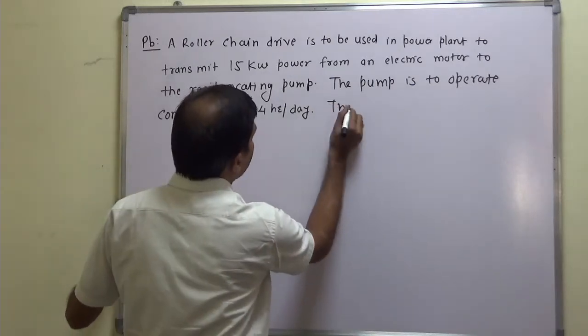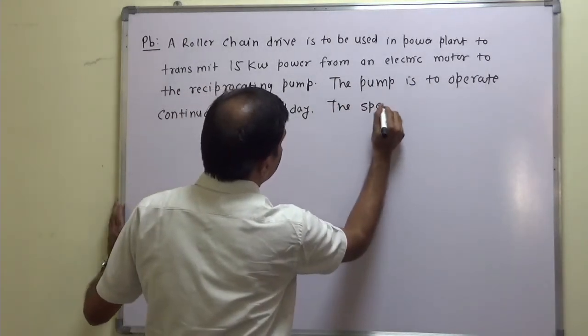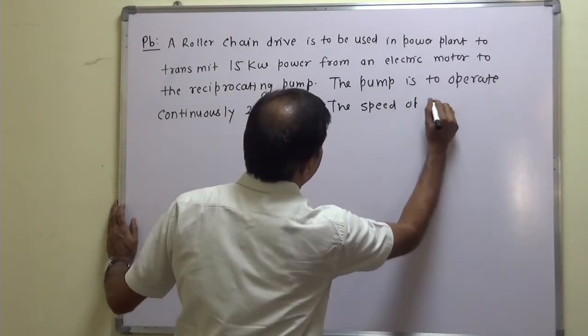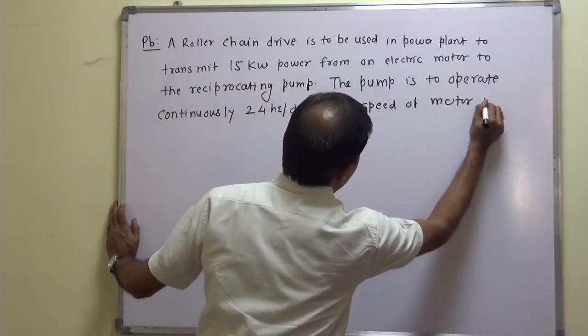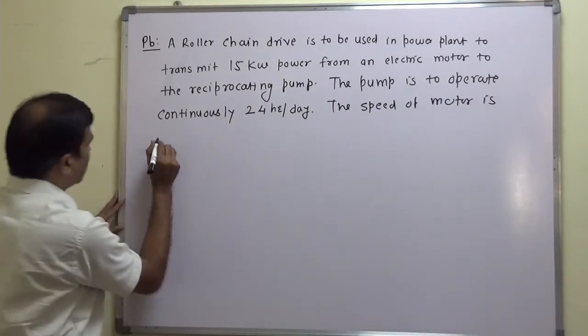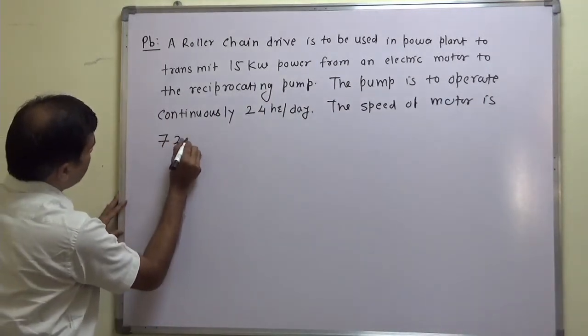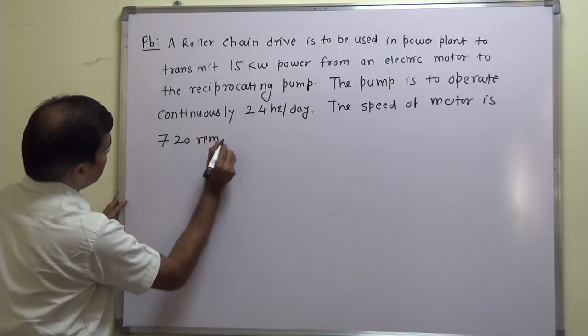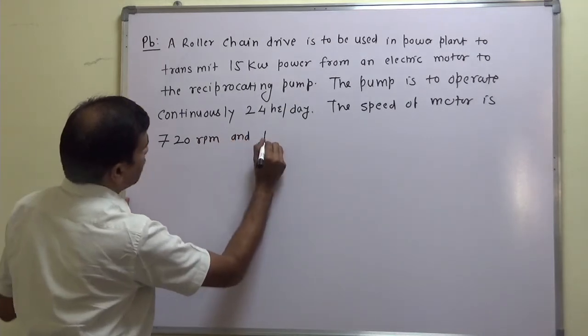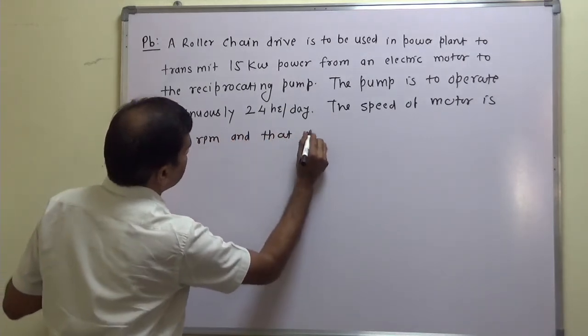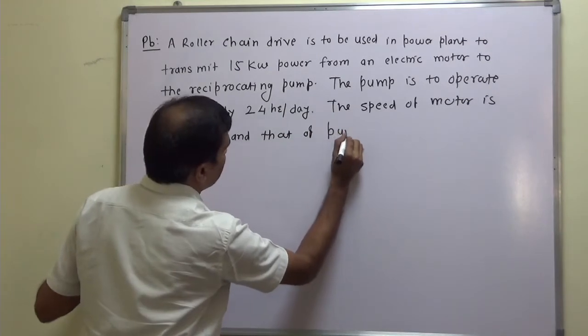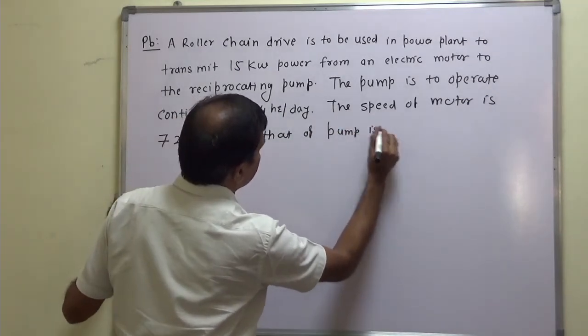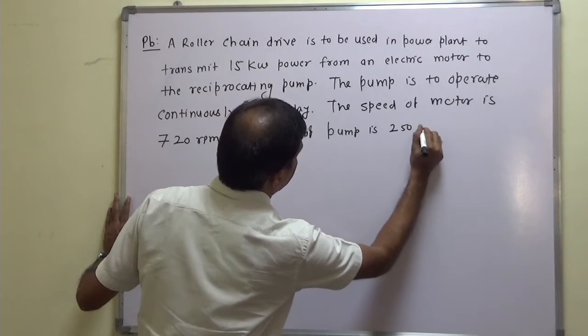The speed of motor is 720 RPM and that of pump is 250 RPM.